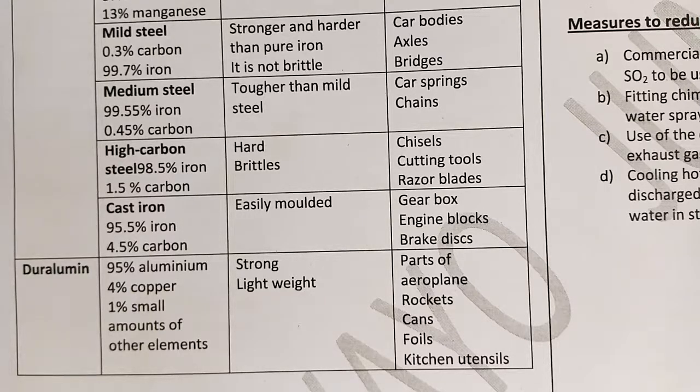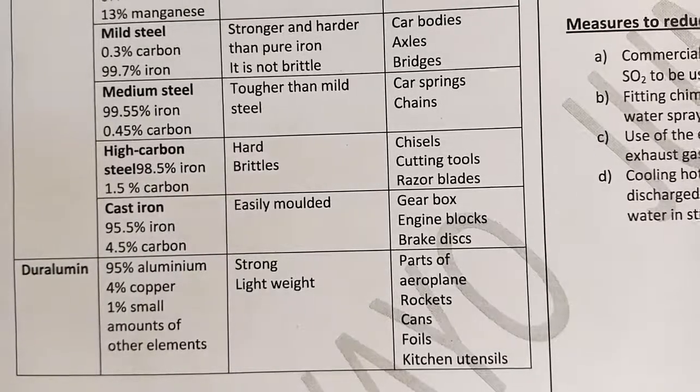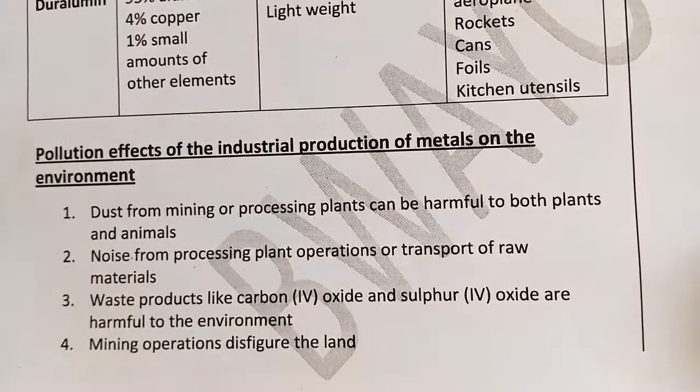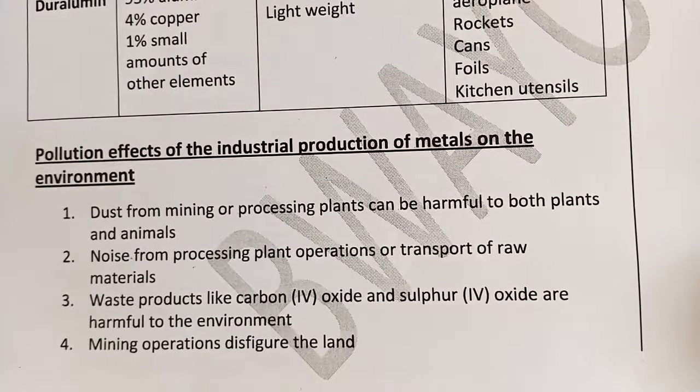So let's look at the environmental effects of industrial production or extraction of metals on the environment and the measures to reduce pollution. These are the pollution effects caused by extraction of metals by factories or industries. One is that the dust from mining or processing plants can be harmful to both plants and animals.